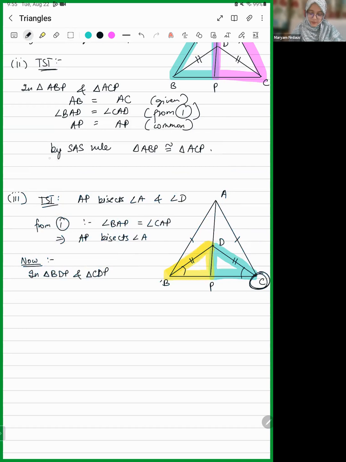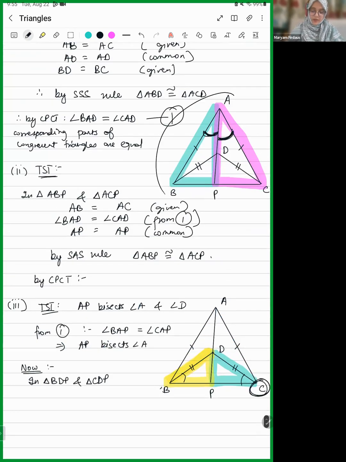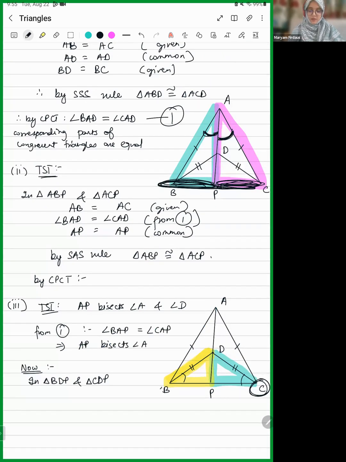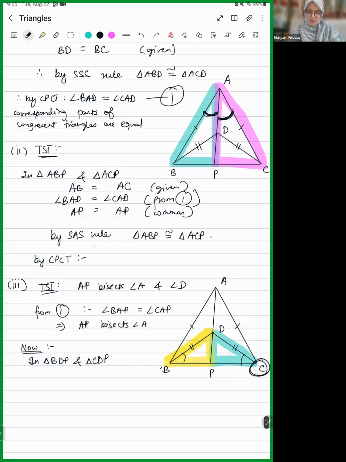We haven't written that, so let's write it over here that by CPCT in these two triangles, when we proved them to be equal, by corresponding parts of congruent triangles, we get this side BP will be equal to this side CP because they are both congruent triangles. Then it will be SSS, right? Yeah, we can have SSS also, we can have SAS also. So by CPCT, side BP is equal to side CP. Is this clear, Abdul Jabbar? Yes, ma'am. Good. So let's call this equation 2.